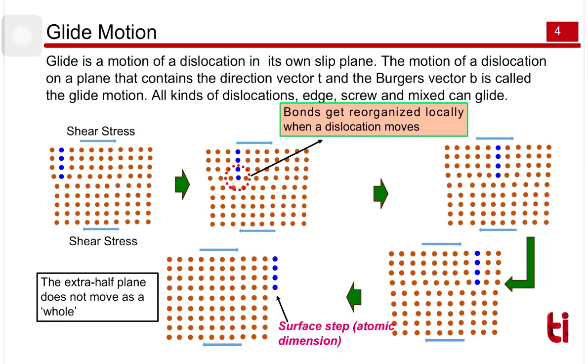So, glide motion. In this glide motion, this is a dislocation present in a crystal. This we call the slip plane. You are applying a shear force. In this shear force, the complete slip plane is not moving, but what happens is it goes one step like this. Once it goes to this side, it makes a complete plane with this, and this becomes the dislocation.